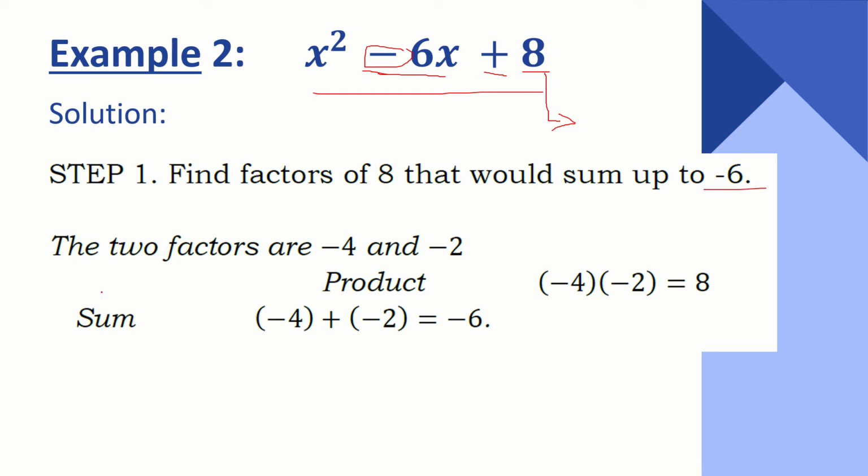So in this example, we have two factors of negative 4 and negative 2. Why? Because using the rule of addition, that if two numbers or two integers have the same sign or parehas silang sign, the result is kopyahon nimo ang sign.